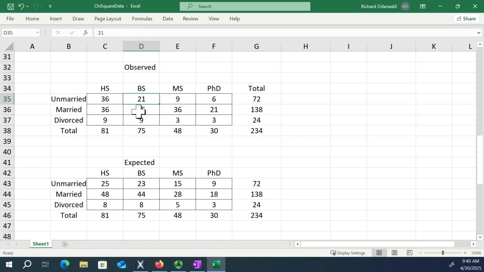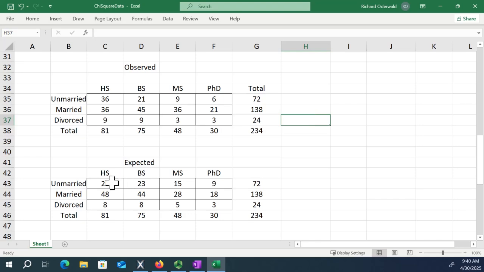Bachelors, 21 unmarried, 45 married, 9 divorced. Masters, 9 unmarried, 36 married, 3 divorced. Totals of 48, 6, 21, 3, and 30. Those are the observed values. We went and got 234 people and asked them their education level and whether they were married, never married, or divorced.